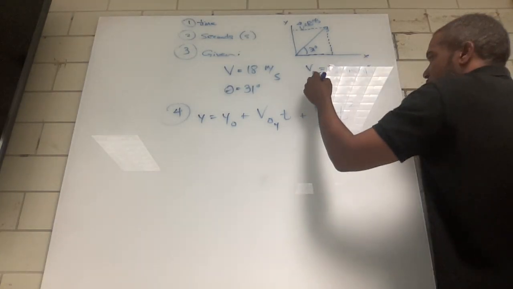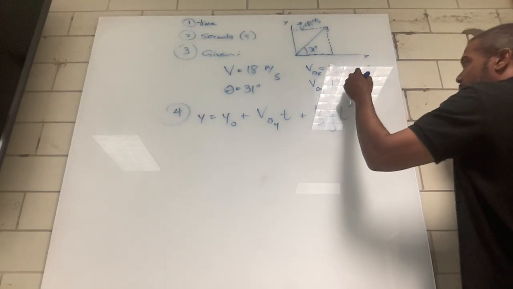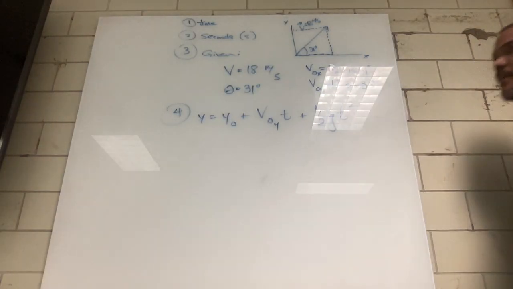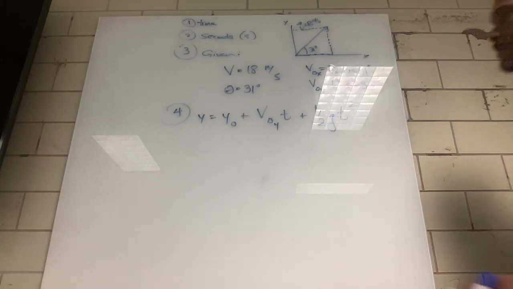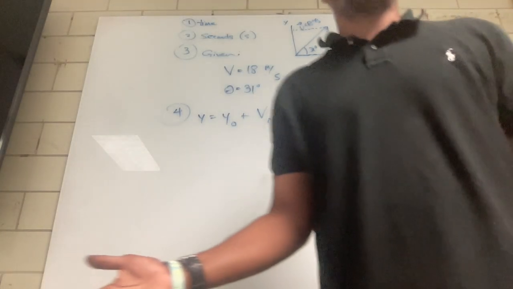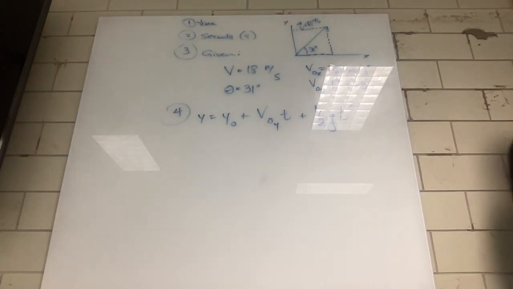V0 in the y is what? 18 sine 31 degrees. So y'all see what we're doing now? That's the initial speed of the ball in the x and in the y.